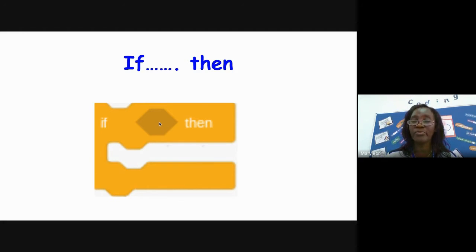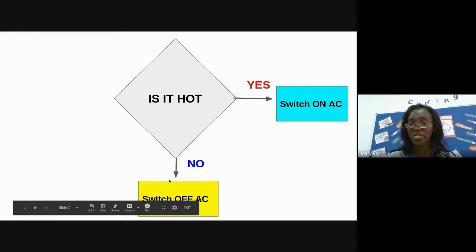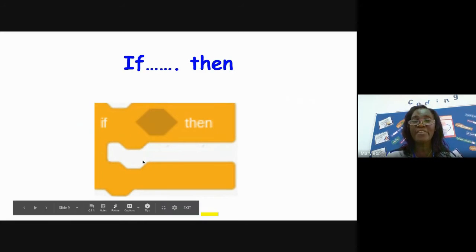For example, remember when we looked at the diagram of the AC, is it hot? You see, it's a diamond. That is what the condition is. Is it hot? If it is yes, we switch on the AC. If it is no, we switch off the AC. So on the if block, this is where the condition goes. It's where the question goes.